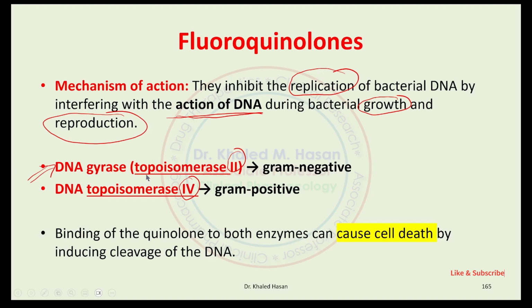Another name for the DNA gyrase is type 2 topoisomerase, and we have DNA topoisomerase 4. According to bacteriology, topoisomerase 2 is responsible for the replication of gram-negative bacteria, and topoisomerase 4 for gram-positive bacteria, across reproduction and replication.